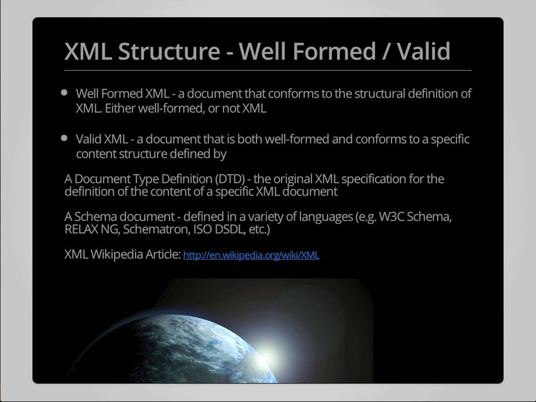And it is those schema documents that are referred to by the XML documents that are being exchanged between applications, and it is those schema documents that are used by those applications to validate the content of the XML documents that are being used. You can see more information about XML also in the linked Wikipedia article here.